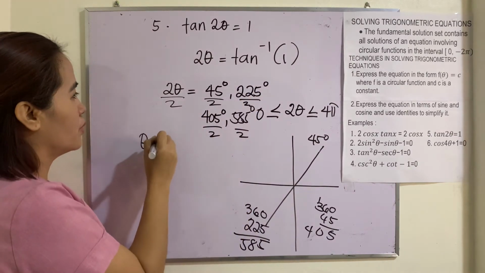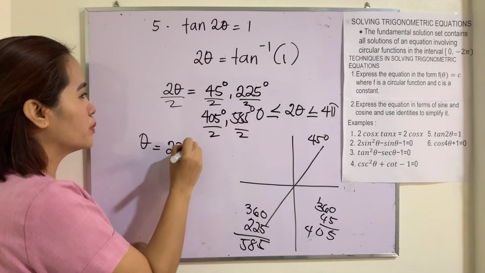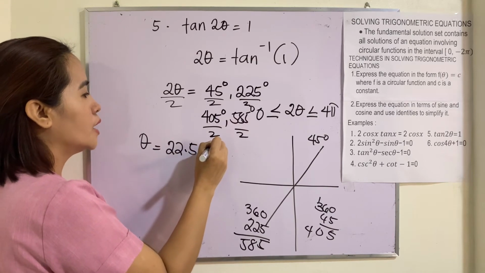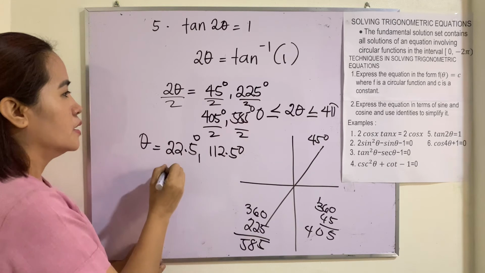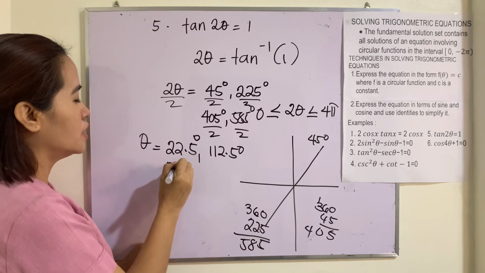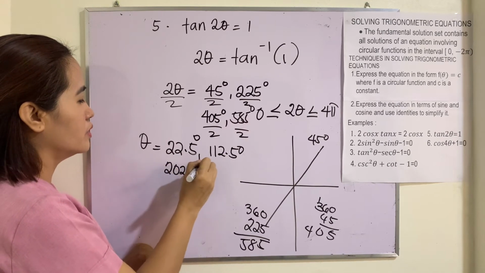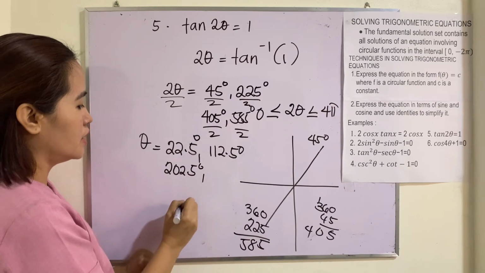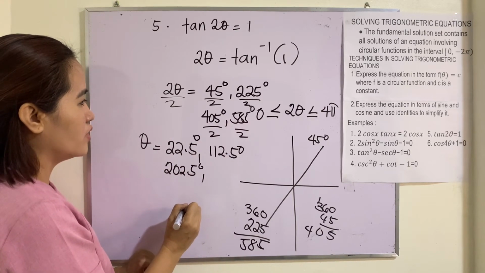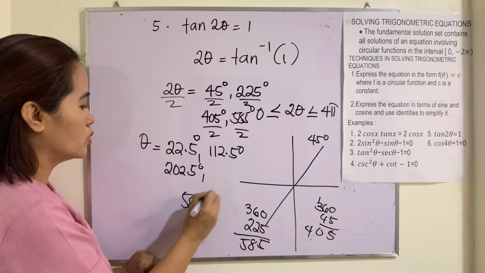Okay, so theta now is equal to 22.5, 112.5, and then 202.5, and then this one is 585 divided by 2.